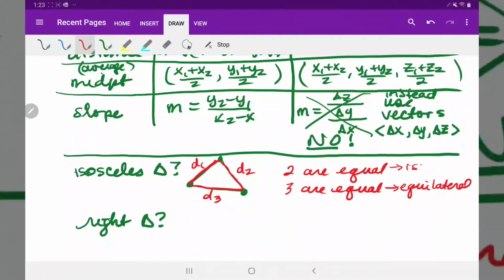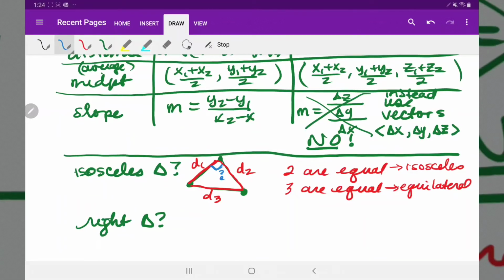Okay, right angle. So what if you wanted to prove, say, that this blue on the picture above was a right angle? How would you prove that that was a right angle? So you do look at the distances. You could also do the slopes, but I can't do the slopes in 3D, right? The slope should be perpendicular, flip it, change the sign. I don't have slopes in 2D and 3D, so what do I do instead? So what I can do instead is right triangles have to fit into the Pythagorean theorem.